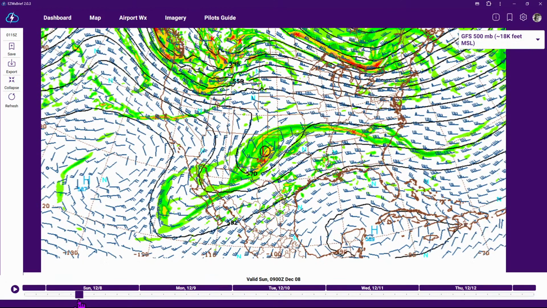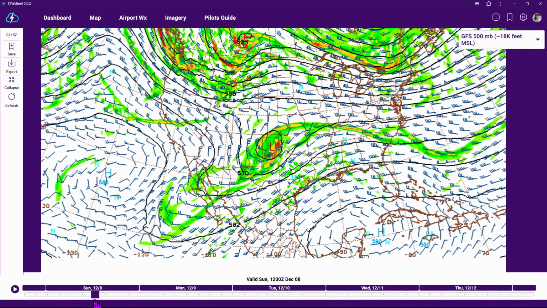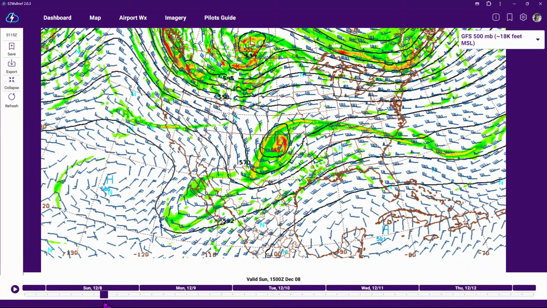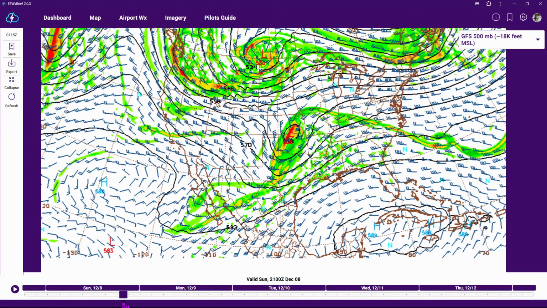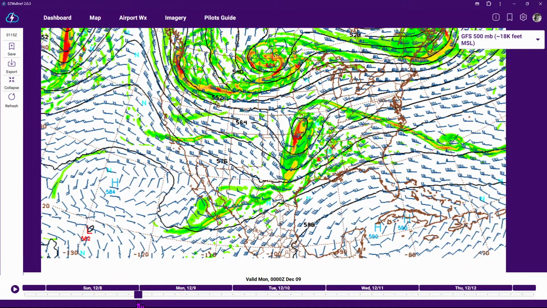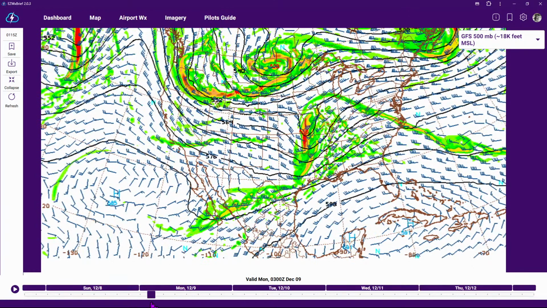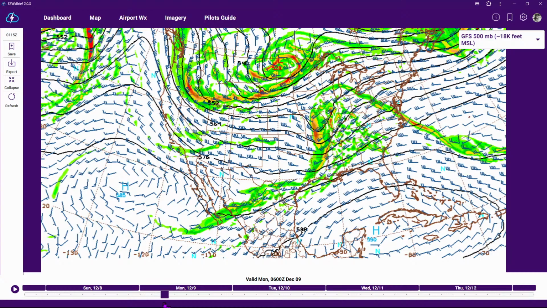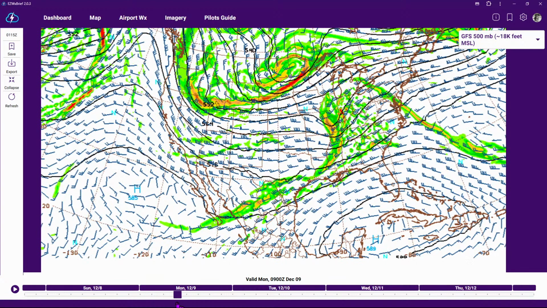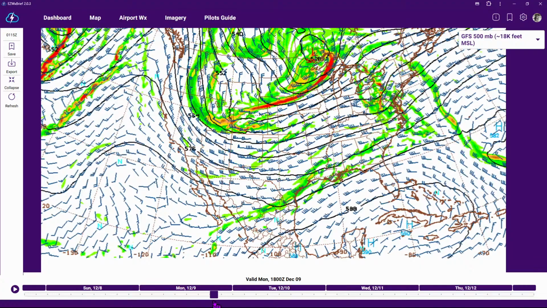You can see here that as we move this until Sunday morning, what we notice is that low, and don't worry about the time necessarily specifically, you can see how it's starting to intensify, becoming a little bit sharper and moving through into the Midwest and eventually up into the Northeast with time.